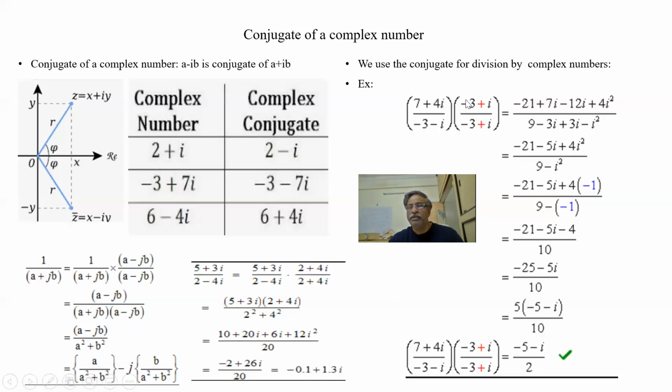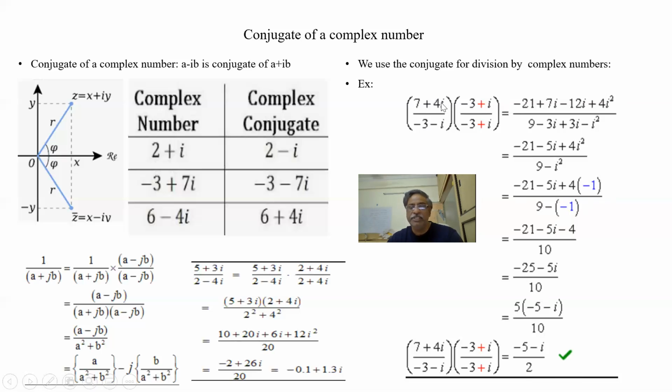So on top we had a normal multiplication of a plus bi into c plus di. So when I simplify, i square is minus 1, 4i square becomes minus 4. So I am getting minus 25 minus 5i by 10. When I take out 5 here, minus 5 minus i by 2 is the simplified form of 7 plus 4i by minus 3 minus i.